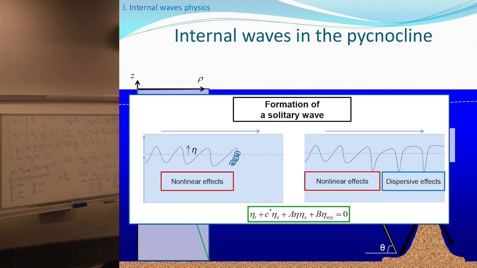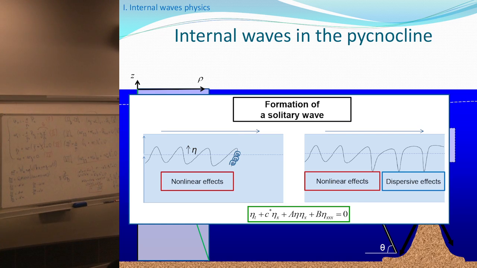Formation of a solitary wave. So, as I said, they can be really stable and propagate over large distances. And so, in this scheme, we can try to understand why they can propagate over such big distances.